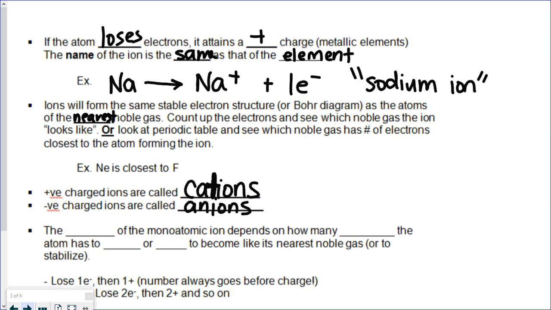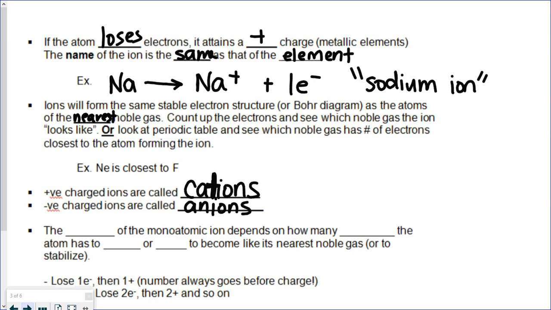So that's how I remember that cations are positively charged. Alana has a cute little way to say cats have paws. So cations are positive ions. However you want to remember that, anions are your negatively charged ions. So those are some terms that you'll need to remember.